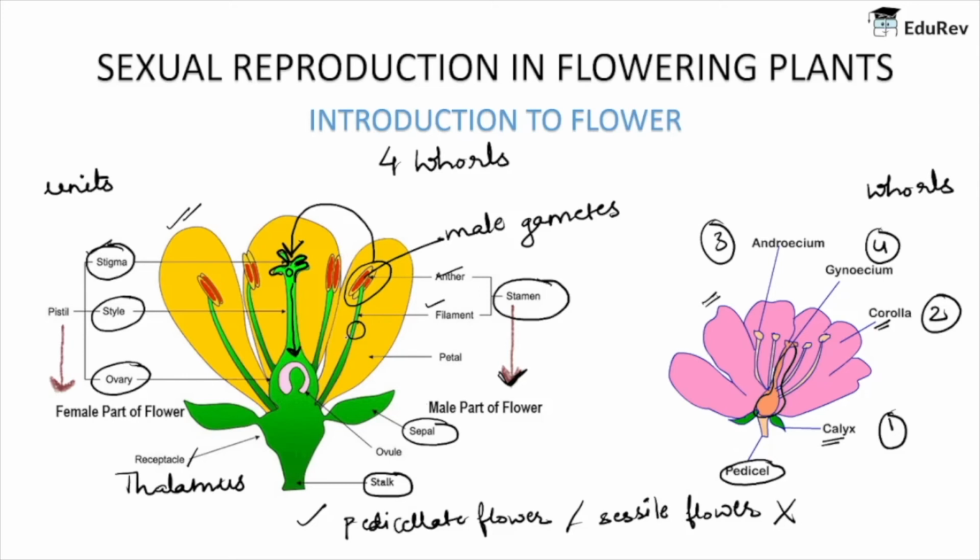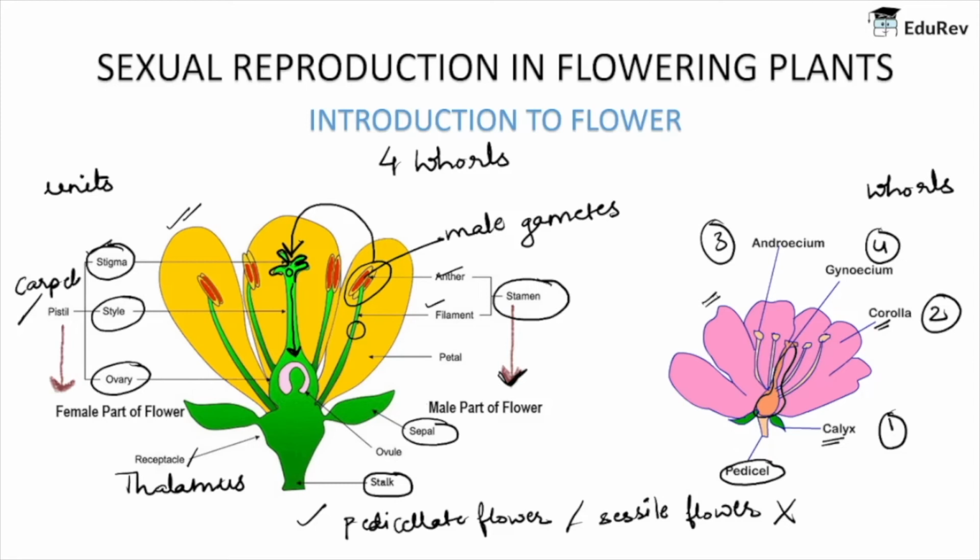So now we know that stigma, style and ovary in this case are the carpels. They are known as the carpels or pistil. The collection of carpels is called the gynoecium.